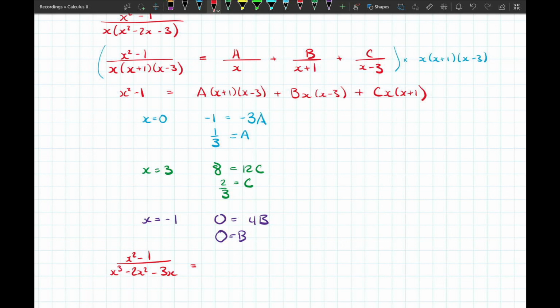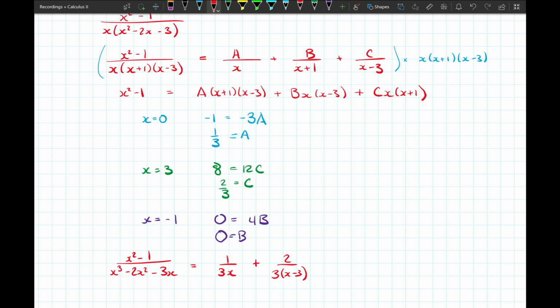Well, that's 1/3 over x. I'll just write that as 1 over 3x to make things look a little more easy to read. Plus b over x plus 1, but b is equal to 0. Plus c over x minus 3. Now c is 2/3, so it might be easier to write that as 2 over 3 times x minus 3. And there we have it.